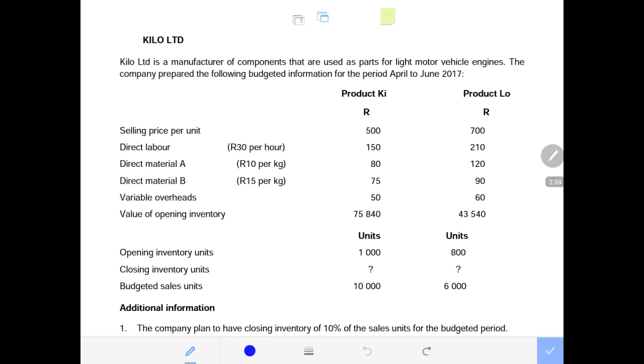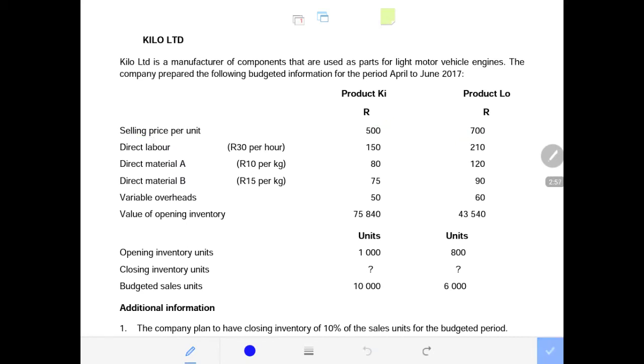Now we are given two products, product KI and product LO. So when we do the break-even point, we have to do it for these two products. The selling price per unit is 500 and 700 respectively, KI and LO.